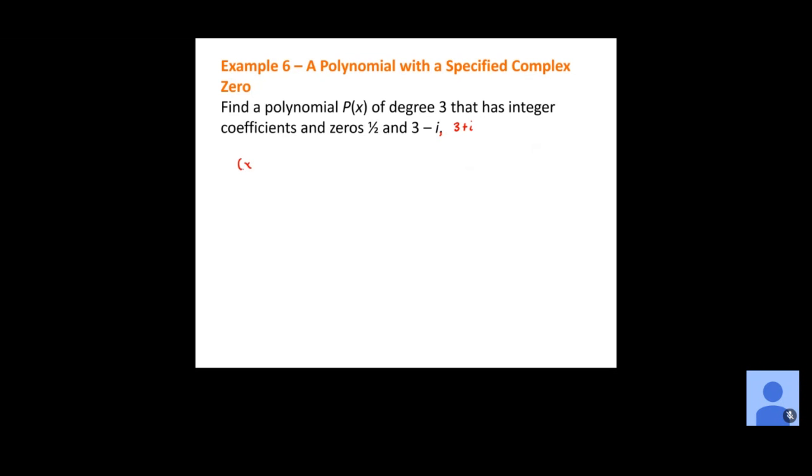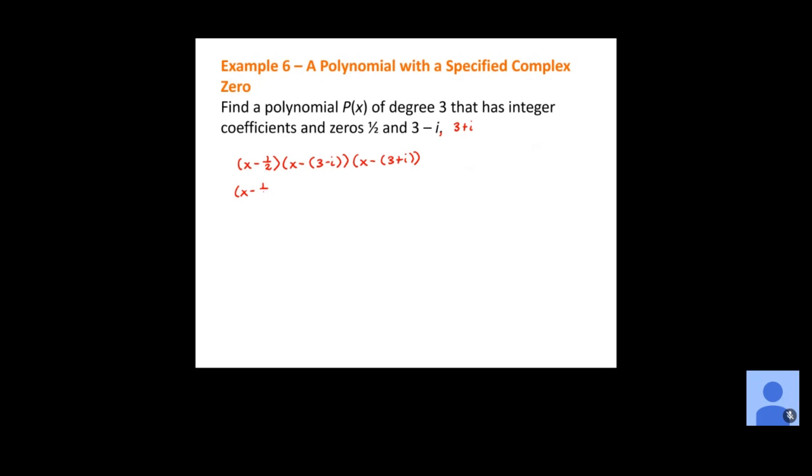We're going to have x minus 1/2. That would give us a zero of 1/2. x minus 3 minus i would give us the 3 minus i. And then x minus 3 plus i would give us the 3 plus i. Just remember, it's always x minus whatever your zero is. That's going to be your factor. Now, before we FOIL all this out and distribute everything, let's just distribute the negatives inside here.